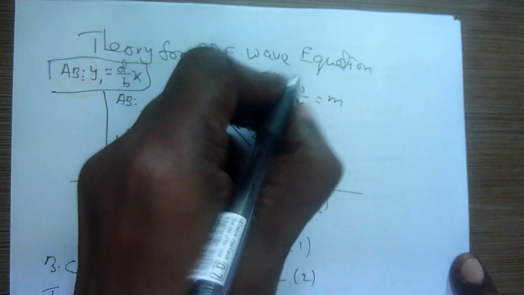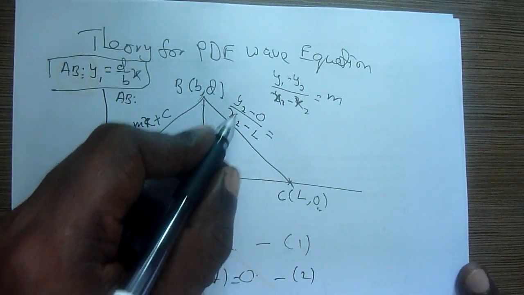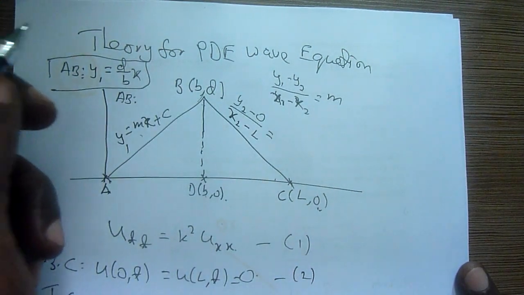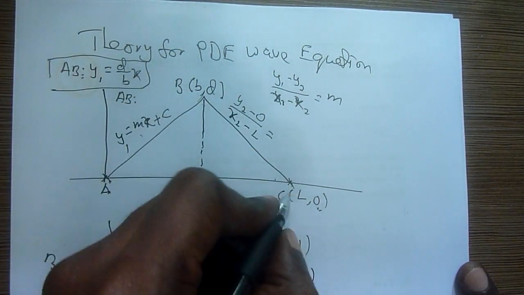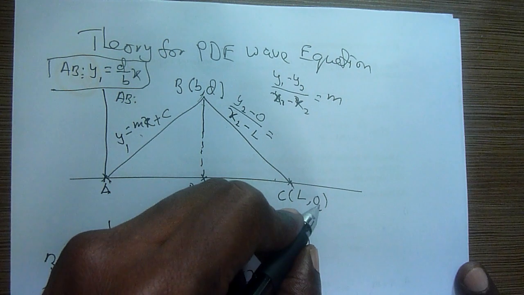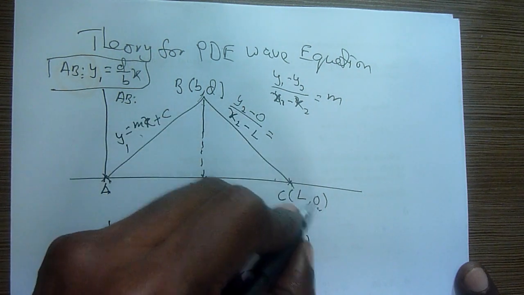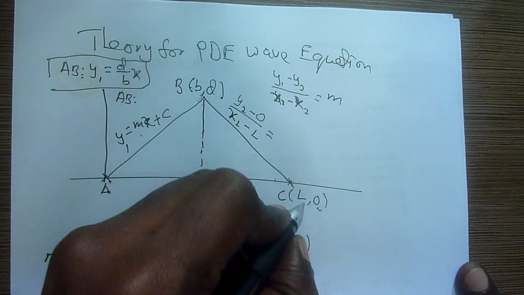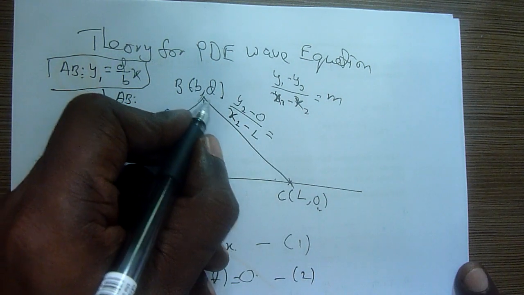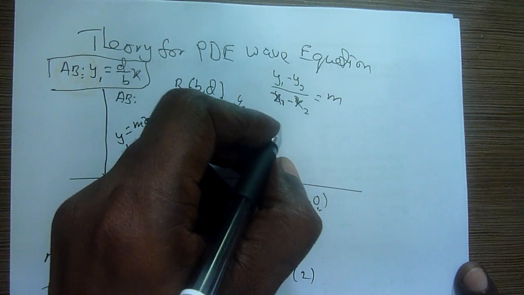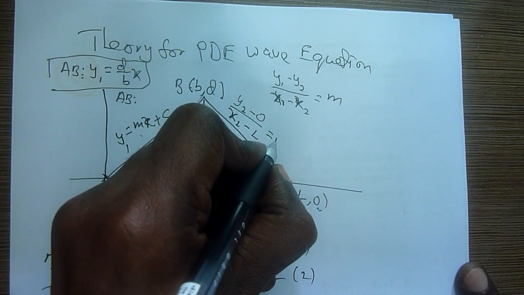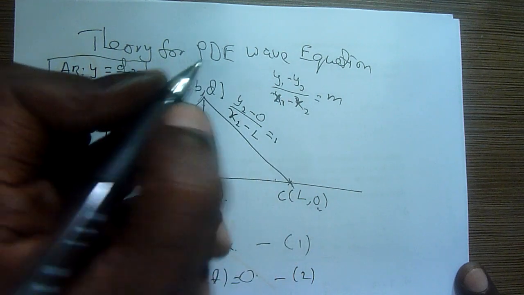You might have learned all these things before. Now you see that I am taking the same formula here. Which m here? Because I choose this, from here to here, therefore 0 minus d over L minus b. This is m. Now with this m, how do I choose?